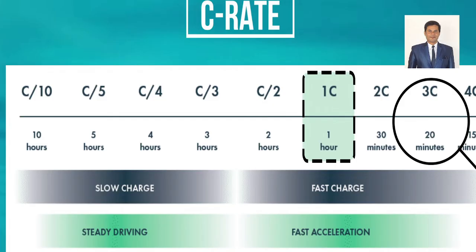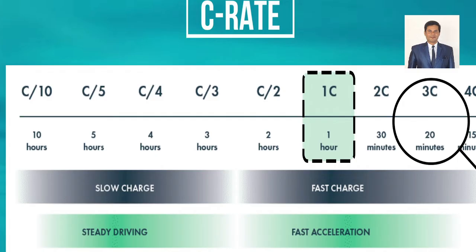Here the C rate is specified very clearly. On the left side you can see slow charging of the batteries, and on the right side fast charging. It depends upon how much charge can be stored in the batteries. On the right-hand side you can see fast acceleration, and on the left-hand side a steady driving force of the charges stored in the batteries.